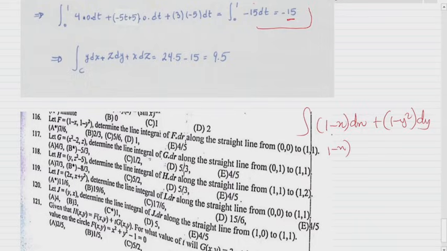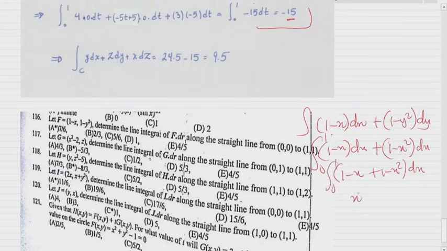1 minus x dx plus 1 minus x squared dx, like that. Like I told you. So then it should be from 0 to 1. Mind you, you can also parameterize, but this is how I'm doing my own. So you will have what? 1 minus x plus 1 minus x squared dx from 0 to 1.